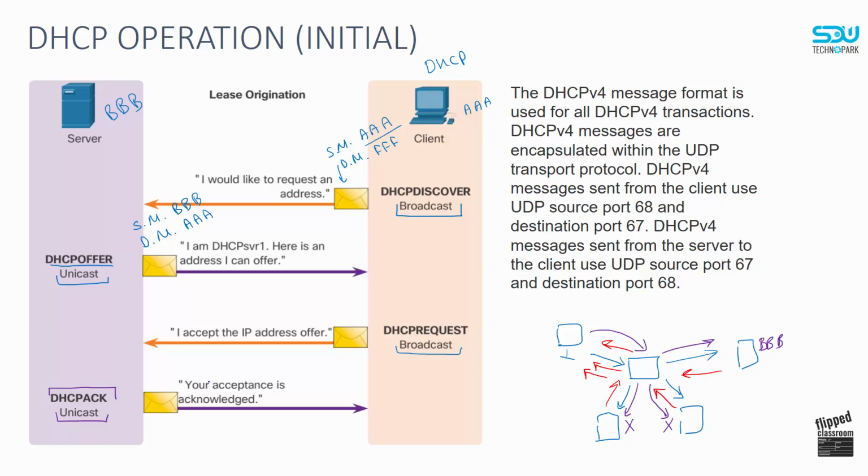Also you have to know that a DHCP message sent from a client uses UDP source port number 68 and destination port 67. A DHCP message sent from server to client uses UDP source port 67, vice versa, and destination port 68.